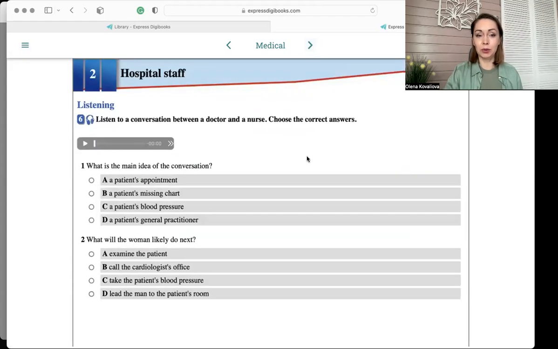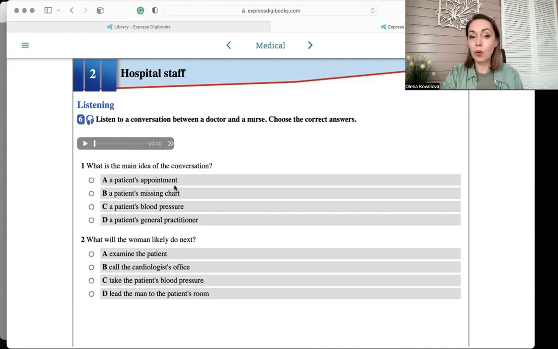And I would like you now to do this listening task. As you know, they speak a little fast, but I will help you to do this. So let's look. What are we going to listen to and to catch in our dialogue? What is the main idea of the conversation? Спочатку хочуть від вас знати основну ідею, тобто про що це?